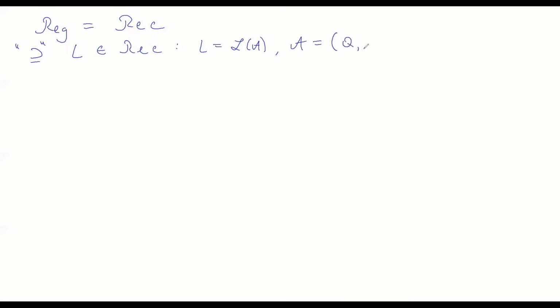So something of this type: some states Q, an input alphabet, a transition function, some initial state Q0, and some final states. So this is a deterministic automaton giving language L. And let me just enumerate these states of Q. So let's say that they are Q0, Q1, all the way to, say, Qn minus 1.